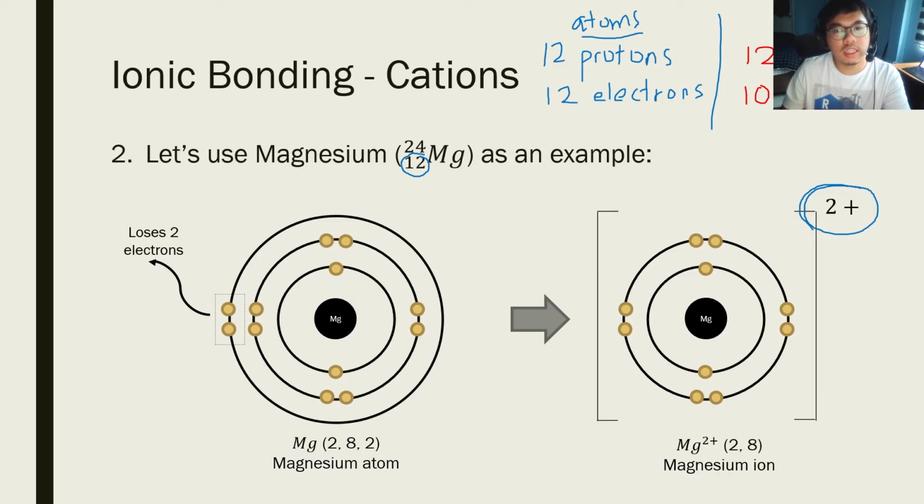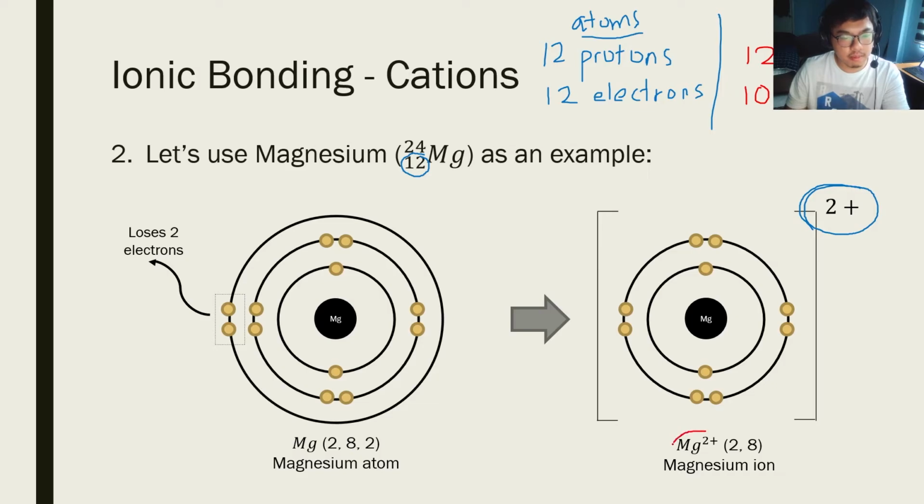Now you see the number of protons is not the same as the number of electrons. You have 2 extra protons than electrons, so you have 2 extra positive charges. Because it has 2 extra positive charges than negative charges, that means it's 2 plus.